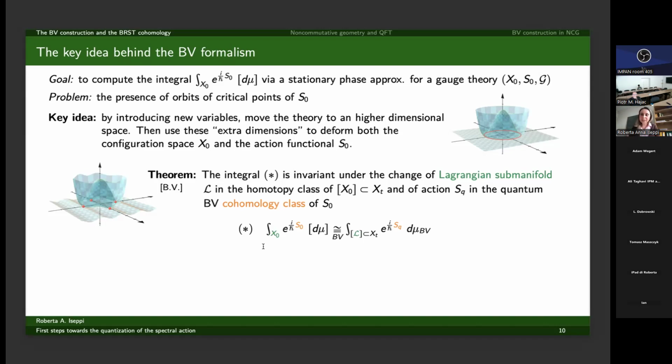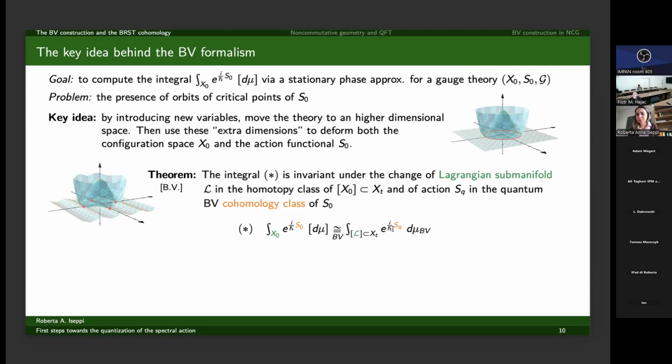The integral doesn't perceive this change, so it is invariant if we change x0 to any other L that is a Lagrangian submanifold living in the same homotopy class of x0. So we can deform x0 up to homotopy. And S0 can also be changed to this SQ. The only condition is that SQ is in the same cohomology class as S0. It's a weaker condition, where this cohomology class is the so-called quantum BV cohomology.